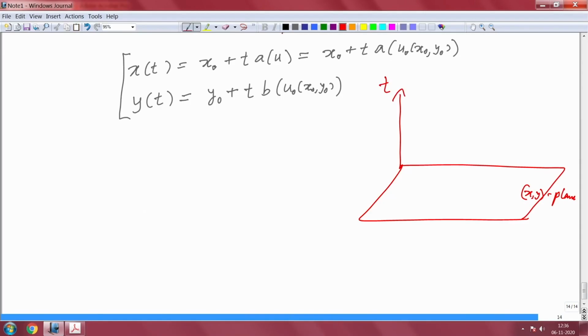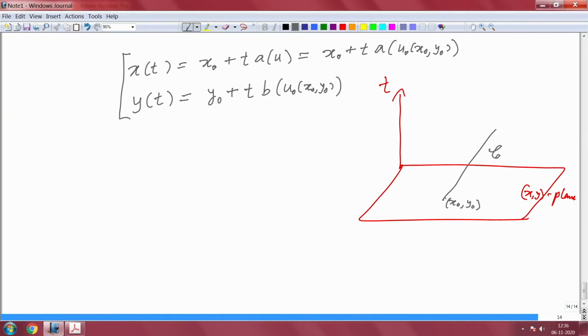Now, our next task is, starting anywhere at x 0 y 0, this is the x y plane, and that is t equal to 0 there. So, this is a straight line. This is the characteristic.